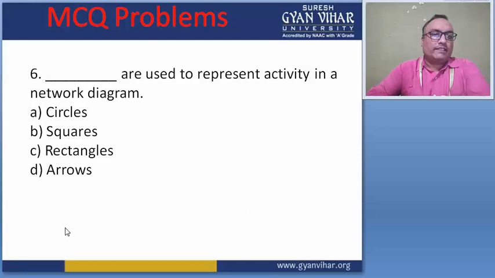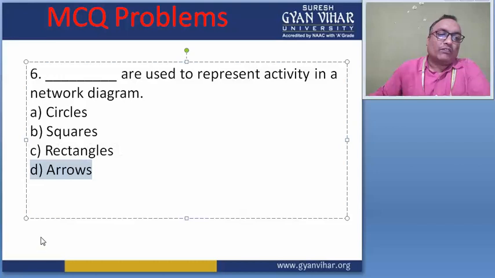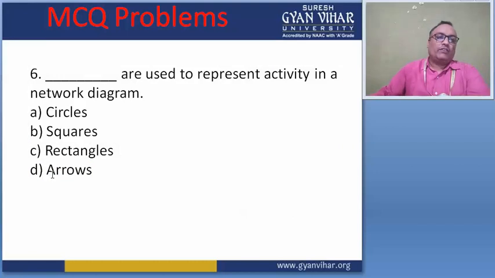This is the sixth question. What is used to represent the activity in a network diagram? Circle, arrow, rectangles, or squares? An arrow in the forward direction. D is the right answer for this question.